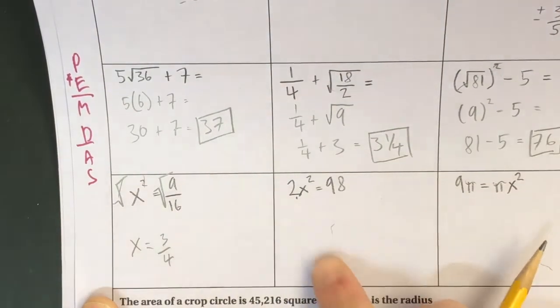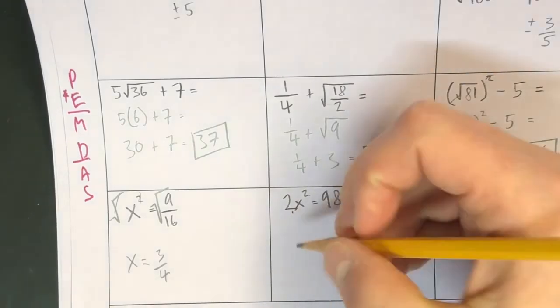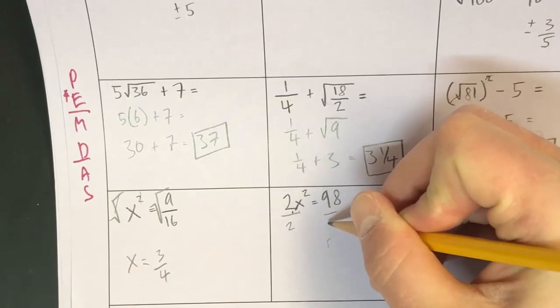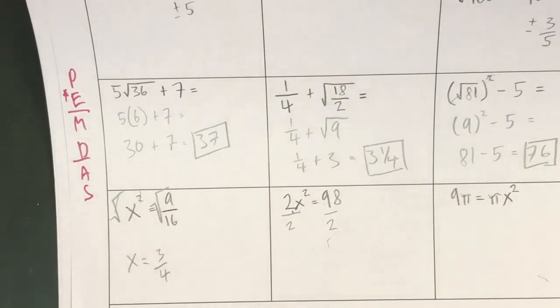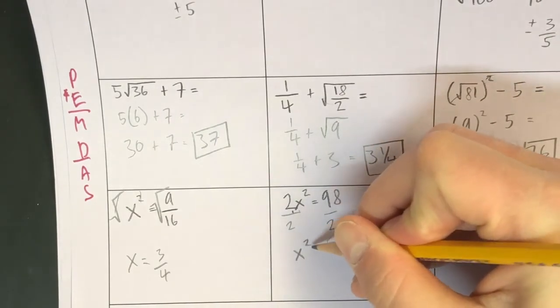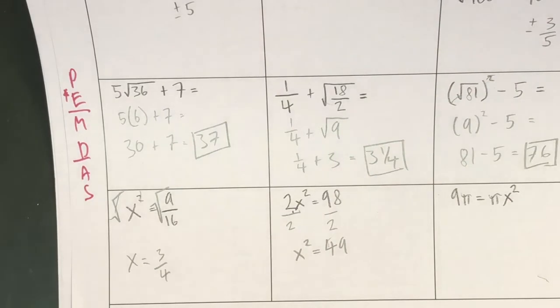That's the goal. Now, before I can get rid of the square, I do want to undo this multiplication first. So let's divide both sides by 2. This is going to leave me with x squared equals 49 after I divide by 2. Now I want to get rid of this square.